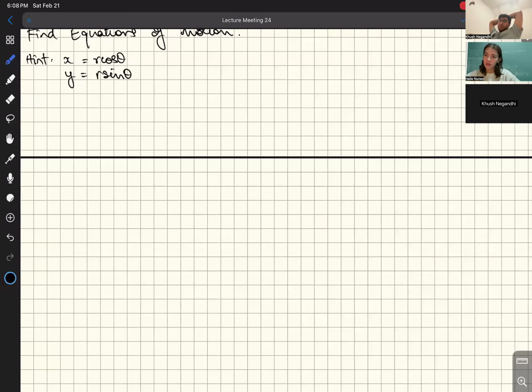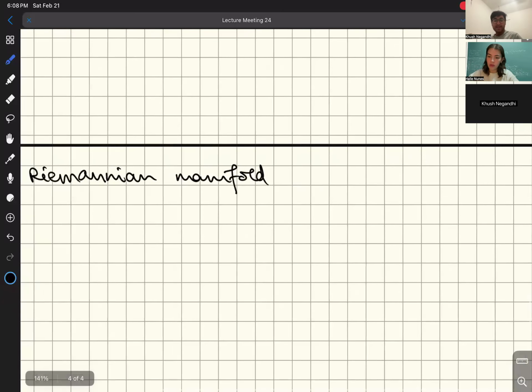So now, given that, on a general Riemannian manifold, we have a very nice Lagrangian, right? We have L of, we have a nice Lagrangian.